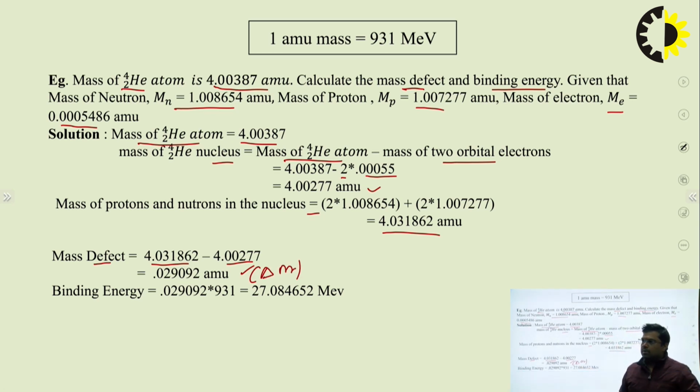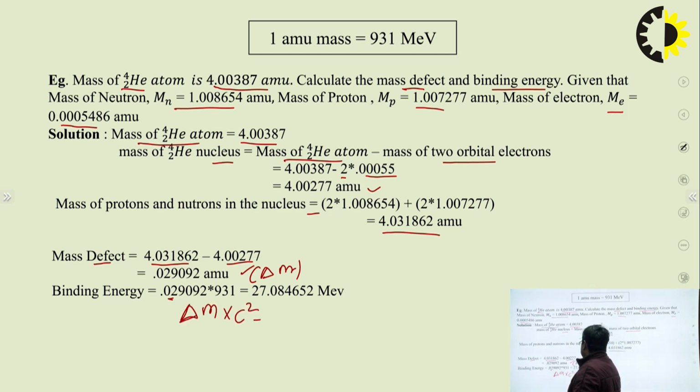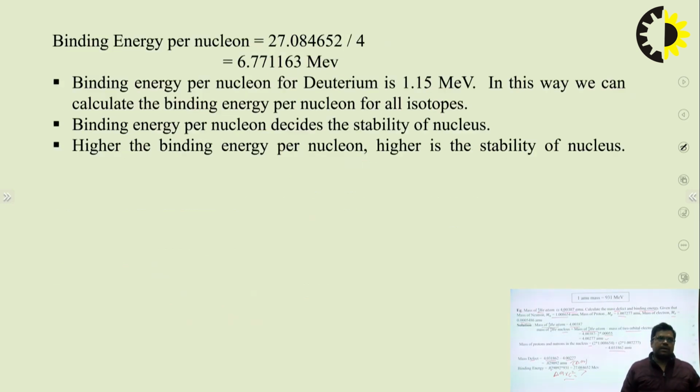For calculating the binding energy, we multiply this mass defect, delta M, by c squared, and in terms of million electron volts it is 27.084 million electron volts. That is the binding energy.